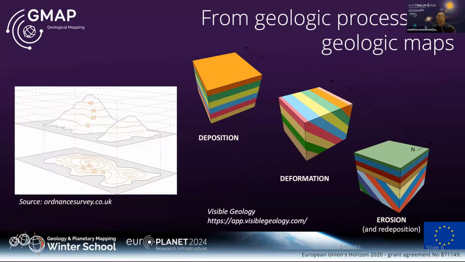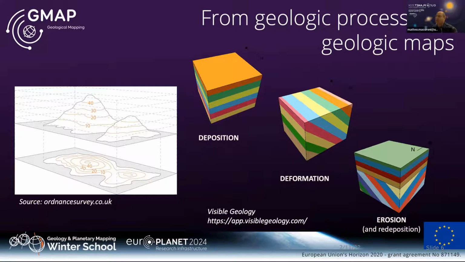So all geological maps are the interactions between the geometries of the geological units and volumes underneath the surface intersecting the topography. For deposition we have the classical horizontal deposition, with the sedimentation of one unit on top of each other. Then after deformation we may have inclined stratification, and after erosion and deposition again we may have angular intersections and unconformity.